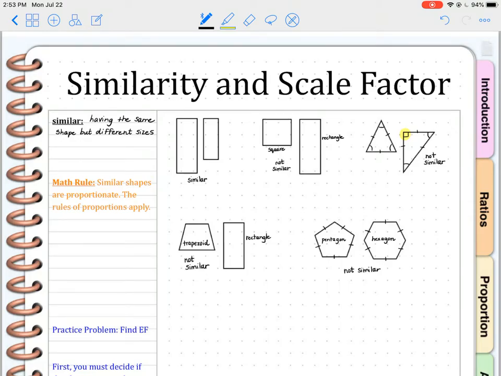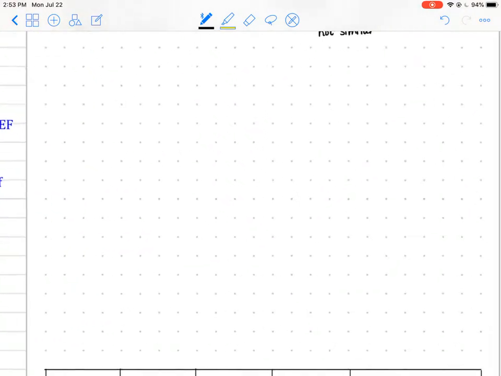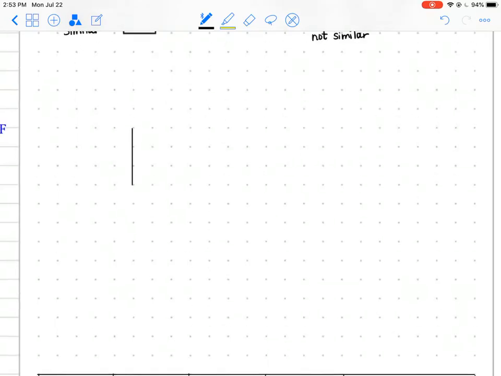And I'm going to have you draw me another one. So let's come down here to this empty space, and I'll do this slowly so you can do this with me. I recommend a straight edge. But to start with, I want you to connect the dots on 3 boxes. So 1, 2, 3, just like that.